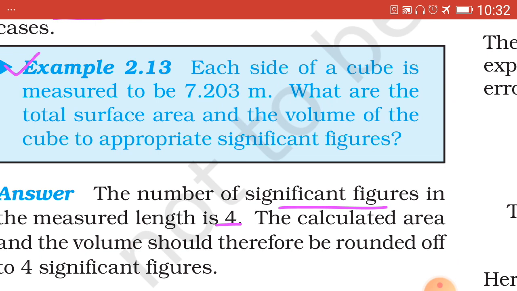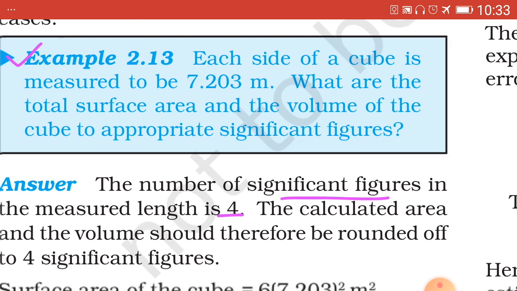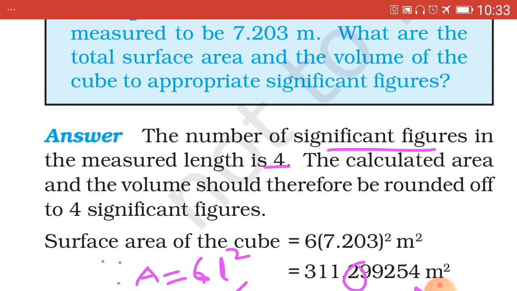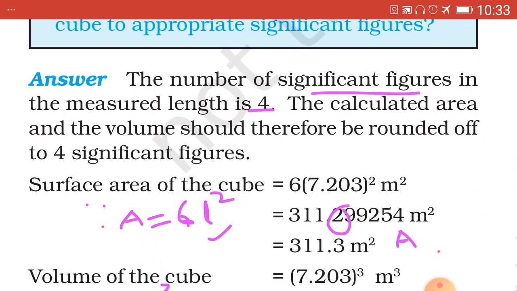We refer to its solution. Here in the data 7.203 meter, the measured length, how many significant figures are there? 4 significant figures. So in the final answer for the total surface area and volume, we have to consider 4 significant figures.